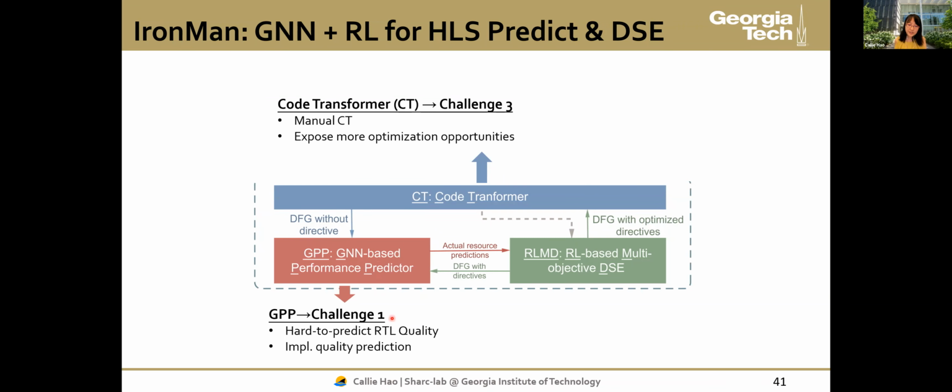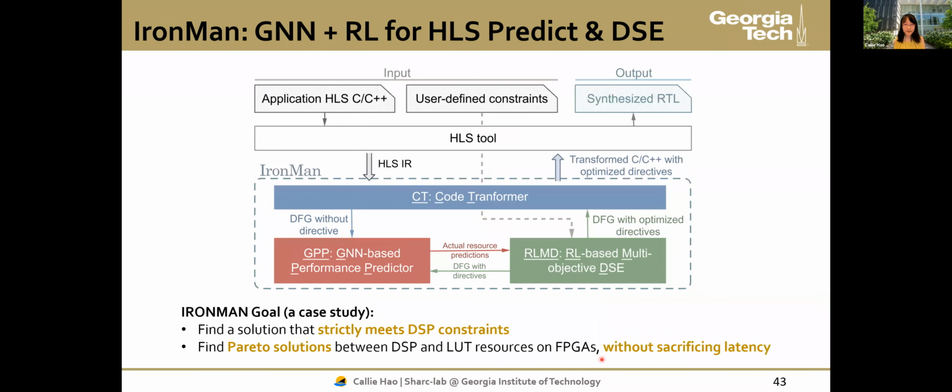It solves the first challenge, that it is hard to predict RTL quality, and it can also act as implementation quality prediction. And the third part is the reinforcement learning-based multi-objective design space exploration, and this RLMD solves the second challenge, that we can explore multiple objective trade-offs and enable an automated DSE.